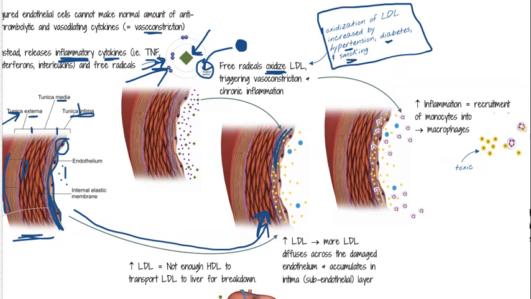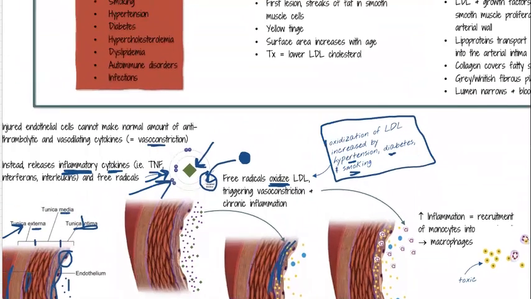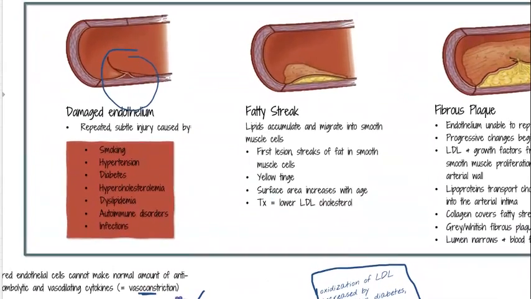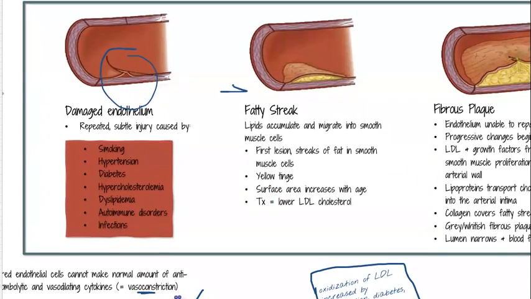So they're not in the muscle cells yet, but they are underneath the endothelium in that basement membrane. And that is where they will accumulate. That is where the fatty streak is going to start. So we still haven't really reached this fatty streak stage.